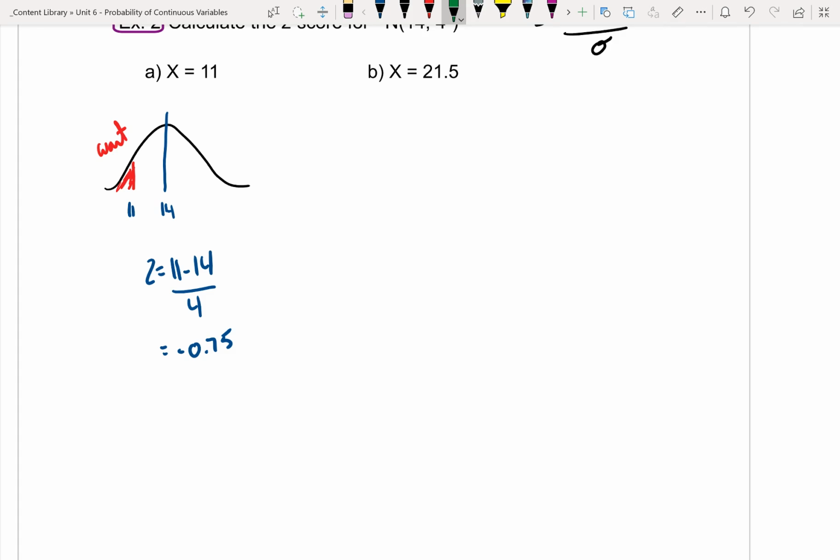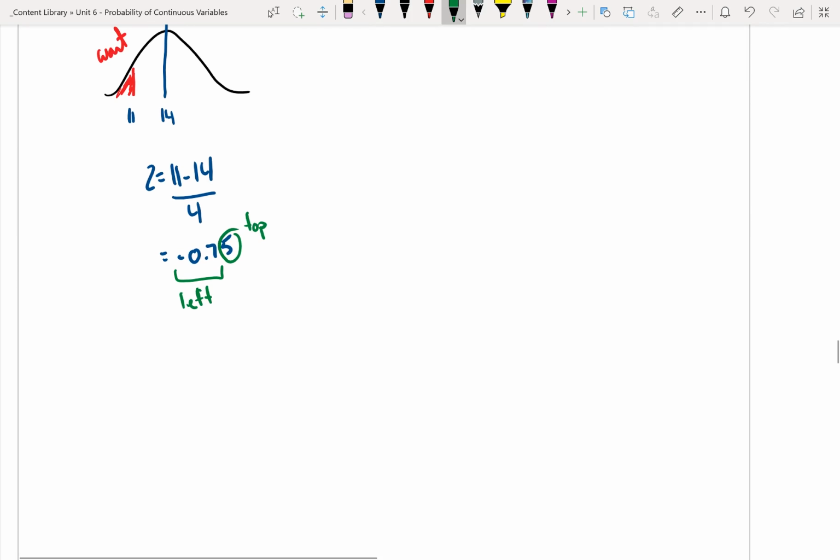So the way that it works is that you look for this first part, the first two numbers, on the left side of the chart, and this last number you look for on the top of the chart. So you use the two to figure out where you are and to figure out what the probability is. So this is your z-score.